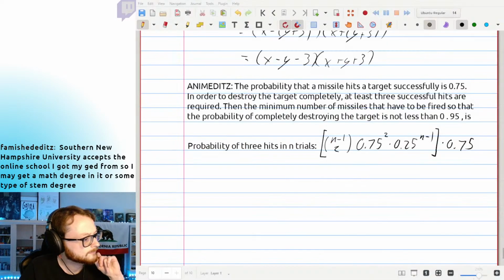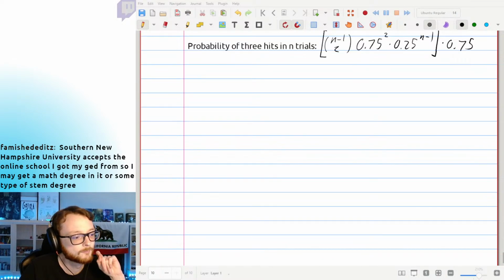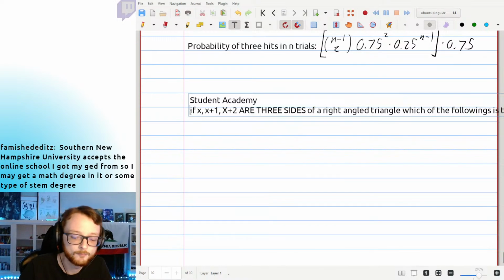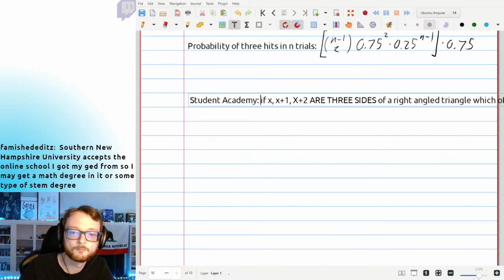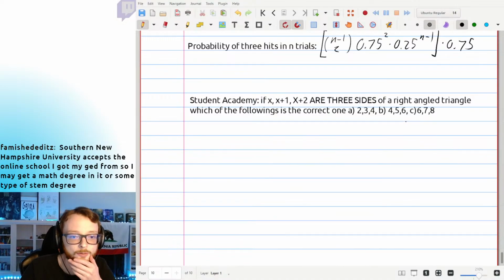That's gonna work because I don't think any of those are Pythagorean triplets. I feel like I can probably figure that one out though. I think you just do the Pythagorean theorem. We should know that x squared plus x plus 1 squared equals x plus 2 squared, and solve that for x.